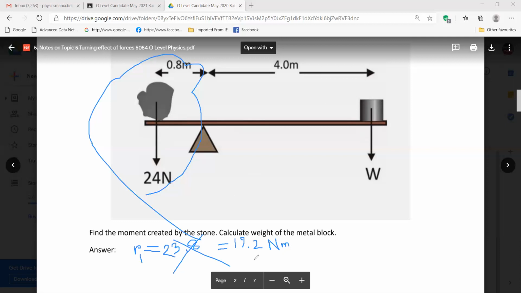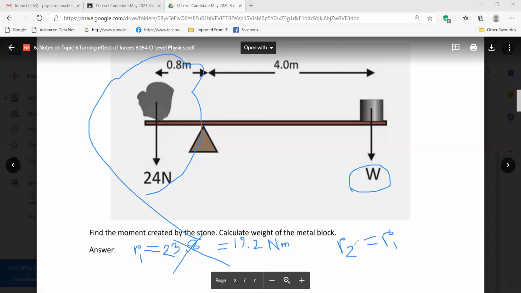So we can say R1 equals R2, right? Yes. So R2 equals R1. Can you write this way? Yes. And R2 is, here we are getting this weight, that means it is the force, right?